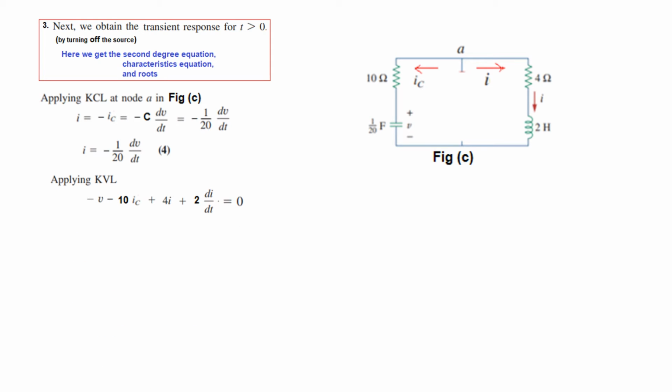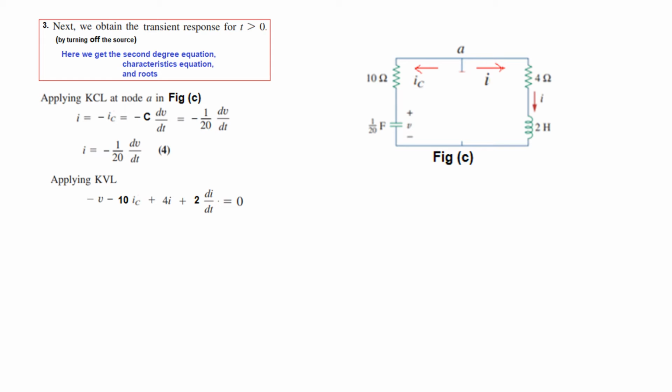And now we apply KVL to get the second degree equation. So KVL we write from here: minus V, then minus 10 IC, because of this current there will be positive at the top and negative at the bottom. So we are going from here, so negative will come first.